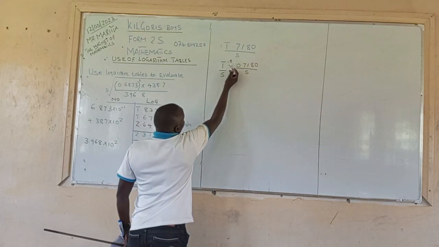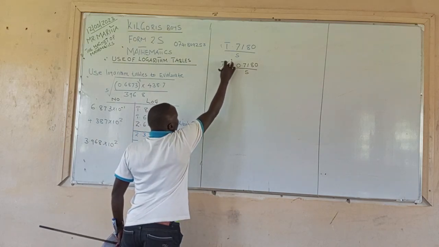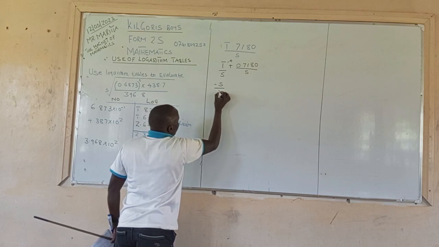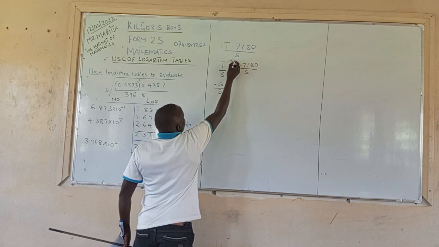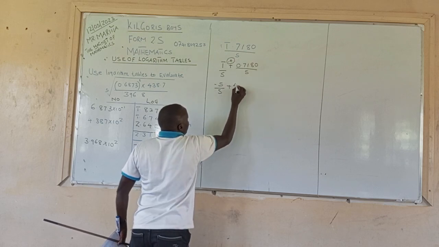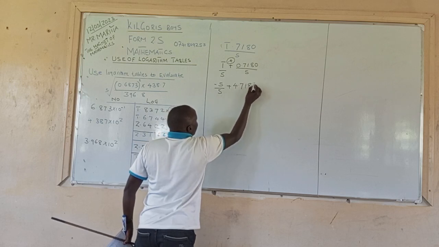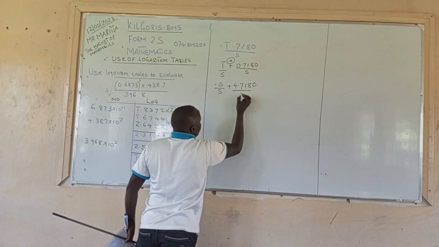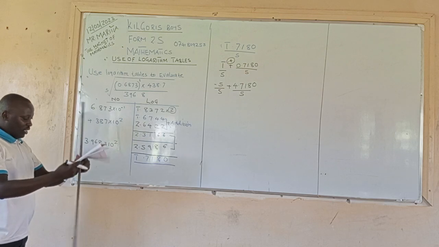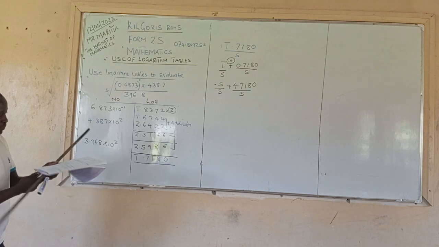And the number we subtract is added on the mantissa. So if we take negative 1 minus 4, we have negative 5 divided by 5, then plus, we subtracted this 4 from here, we add it on the other side, it becomes positive 4.7180, and then of course, we divide that one by 5.